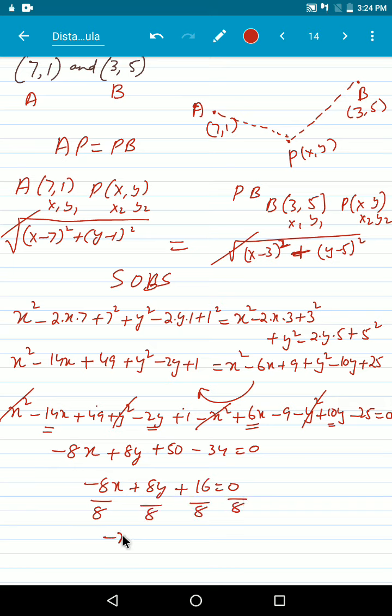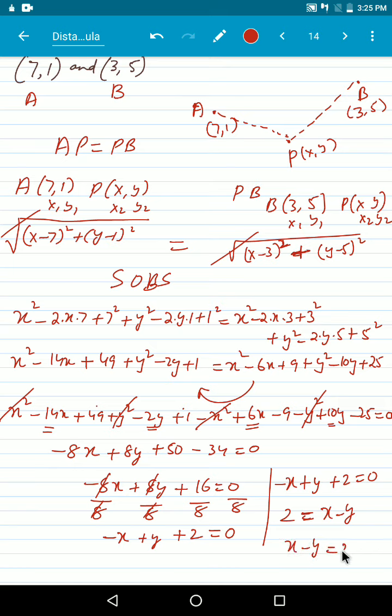This will become minus x plus y plus 2 is equal to 0, or generally we write plus x, so send x and y to the other side. 2 will be equal to x minus y. x went to the other side and became plus, y went to the other side and became minus. So x minus y is equal to 2 is the relationship between x and y.